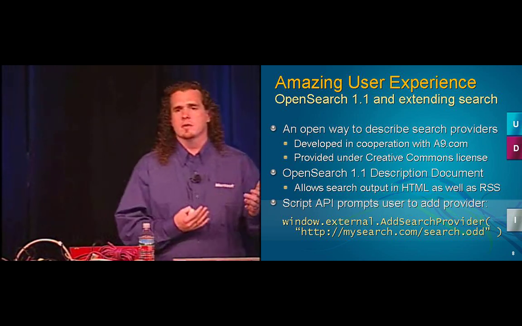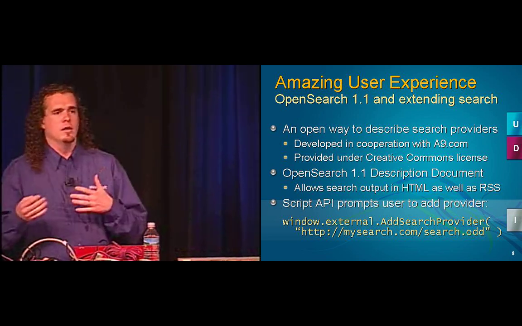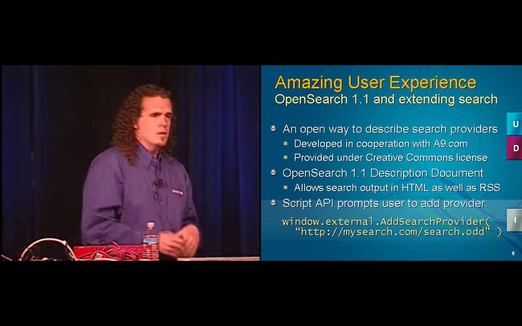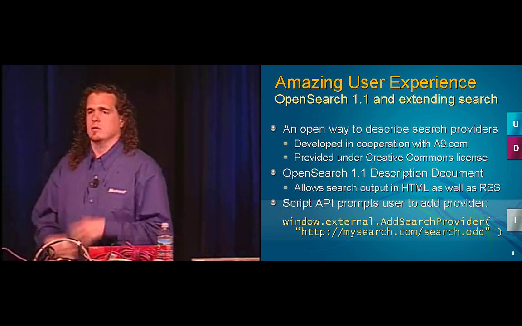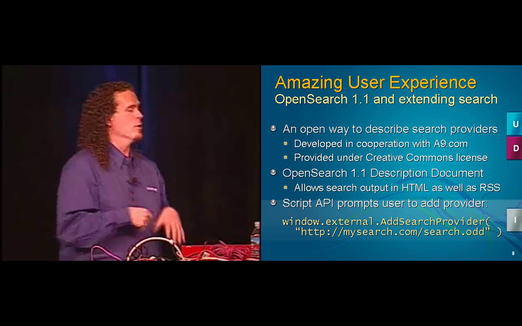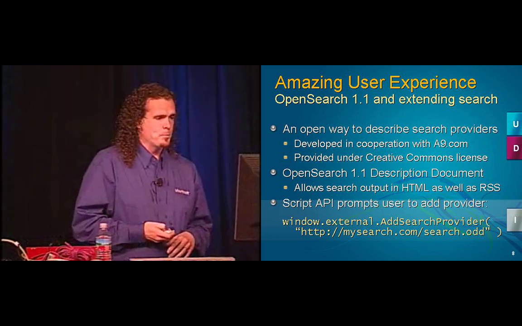And the great thing about this is you can use OpenSearch 1.1 to define a search provider that can get picked up in Internet Explorer for any search engine that's already out there, like Google or Yahoo or MSN, that automatically gives back HTML content.